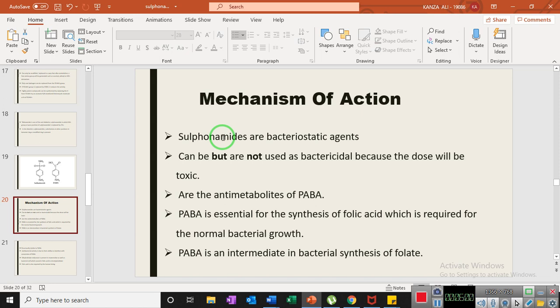You know, by definition, antibiotics are the compounds which are obtained from a living organism, and then it is used against some other living organisms in minute doses. Those compounds are termed as antibiotic.